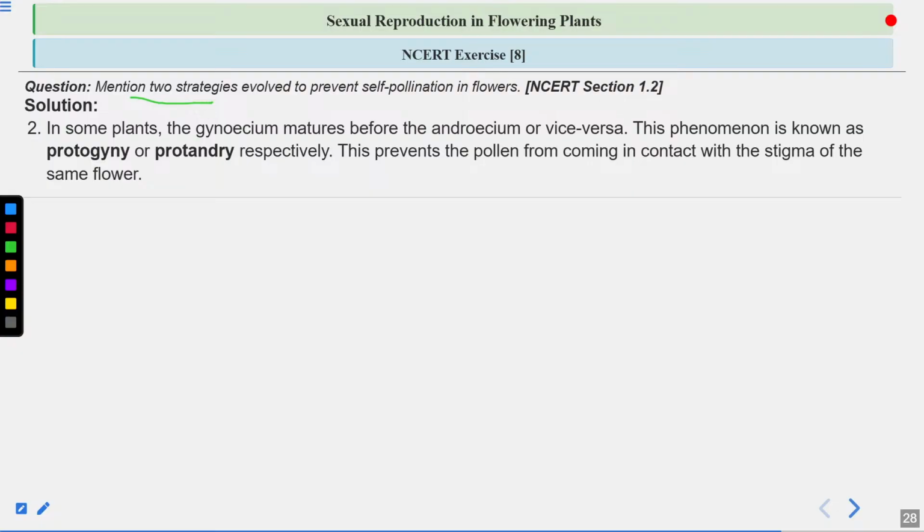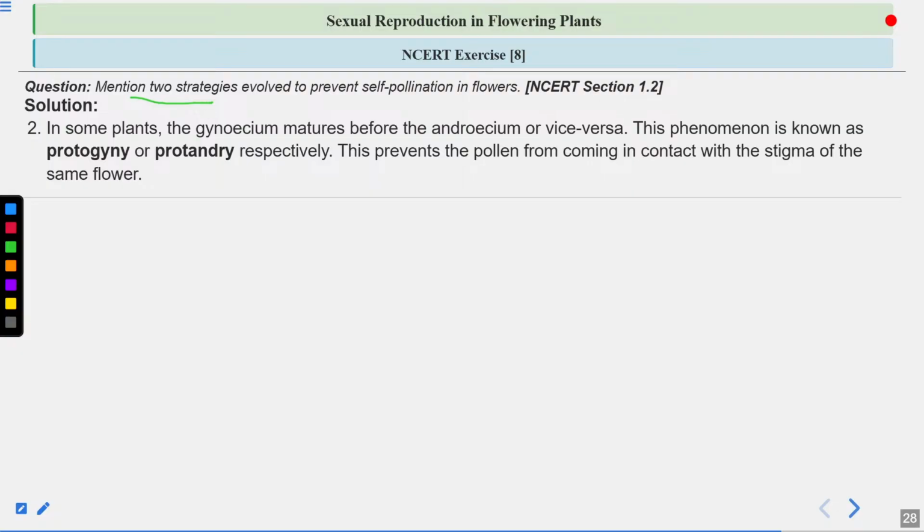The androecium is not mature at that time, so if pollen comes from this androecium, it will be immature. So self-pollination is discouraged here.